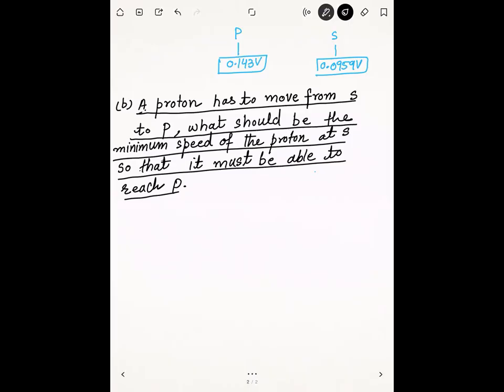Here you have to observe one thing. When the proton is moving from S to P, is it moving towards high potential or low potential? Potential of point S is 0.0959 volts, and as you see, potential of point P is 0.143 volts.